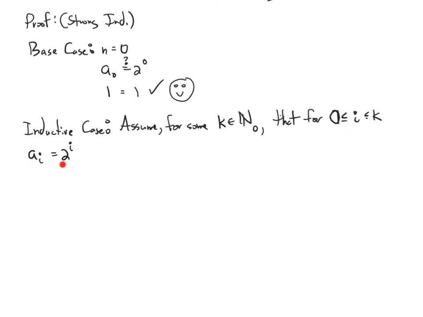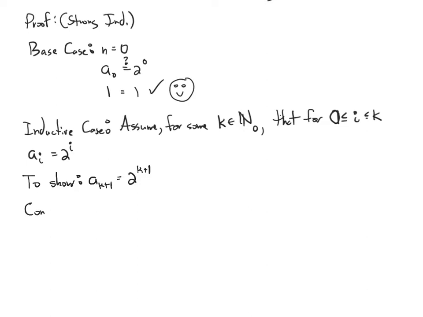So a_1 equals 2 to the 1, a_2 equals 2 to the 2, a_3 equals 2 to the 3, all the way up to a_k equals 2 to the k. So we're assuming all of those. There's an "and" in between everything that I was saying. And we want to show that a_(k+1) equals 2 to the k plus 1.